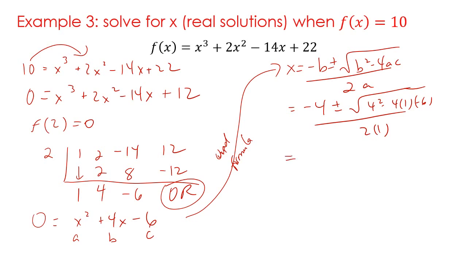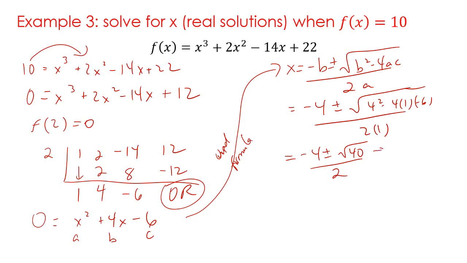Doing some very quick math, we should get negative 4 plus or minus the root of 16 plus 24, which is root 40, over 2. And then going back to your favorite unit in grade 11, rationals and radicals, we can actually break up that root 40.